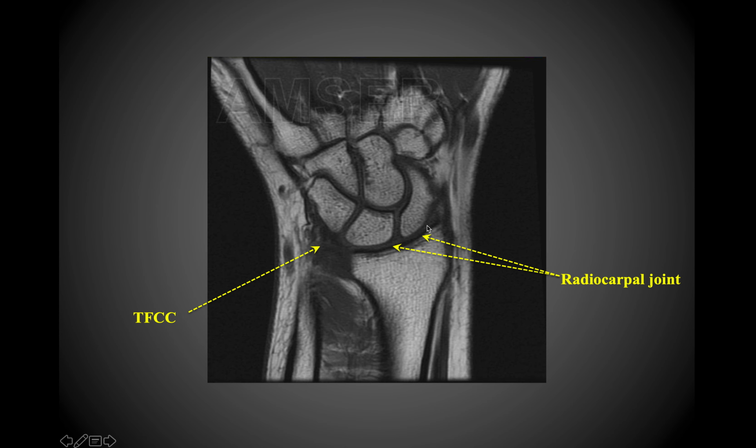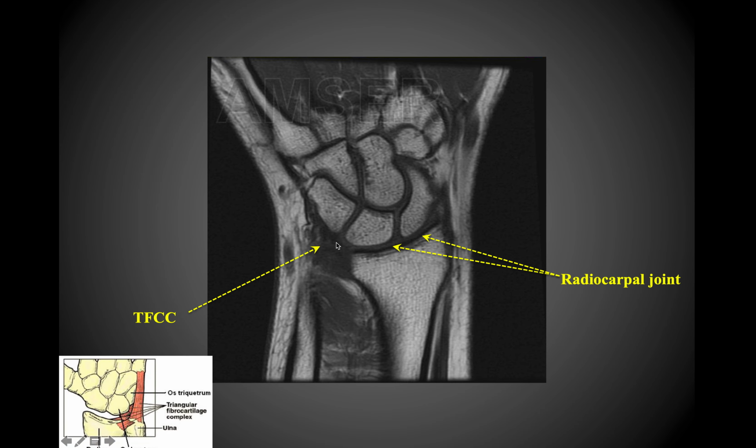In this image, this is sort of an interesting view of an MRI of the radiocarpal joint, which you can appreciate quite well with the scaphoid and the lunate. But then over here, you'll note that there's an abnormality of the triangular fibrocartilage complex.